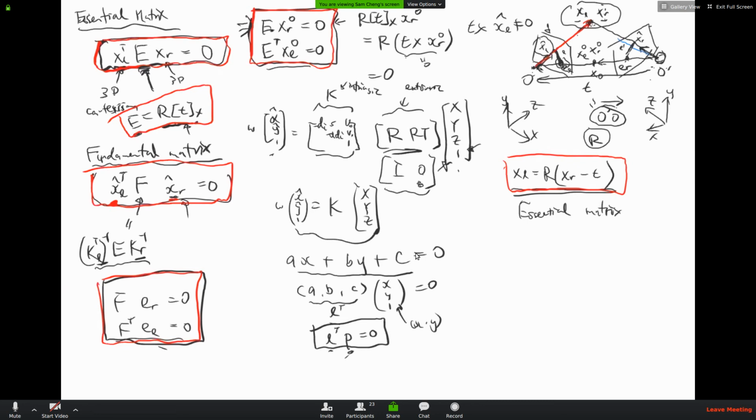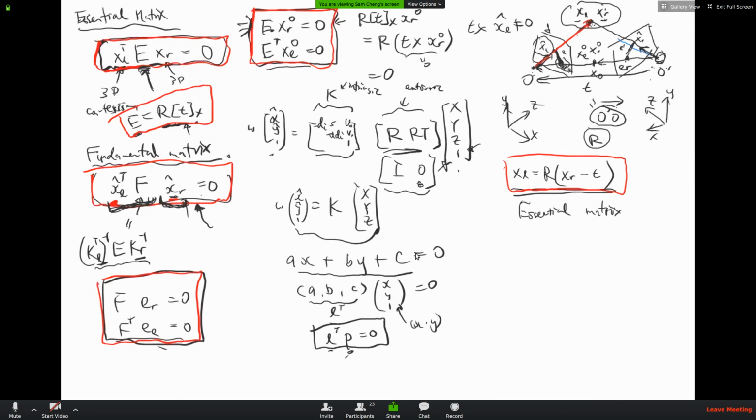Now let's look at what we have earlier in the fundamental matrix. If we have a point in homogeneous coordinates, this xr hat here, and something multiplied by that, the inner product, is equal to 0, then that something essentially represents a line that this xr hat falls onto.